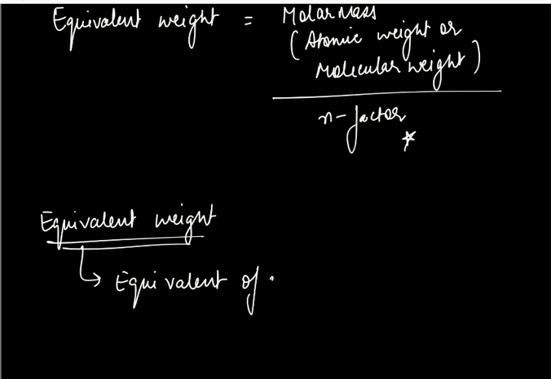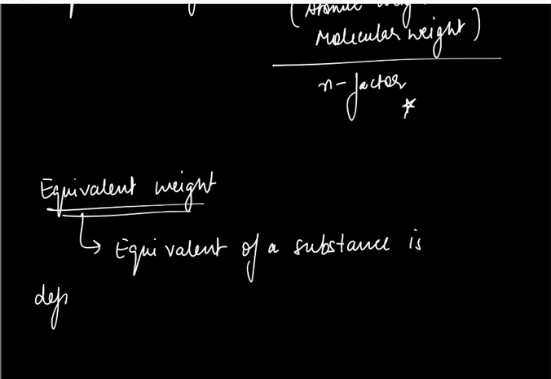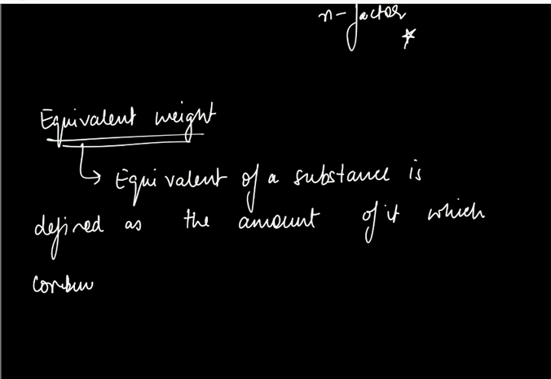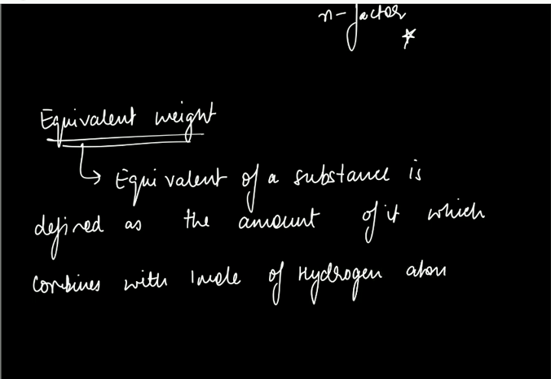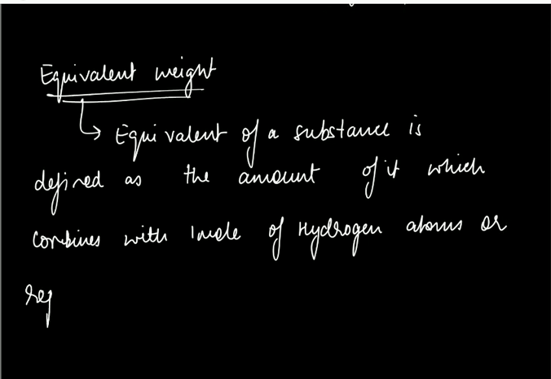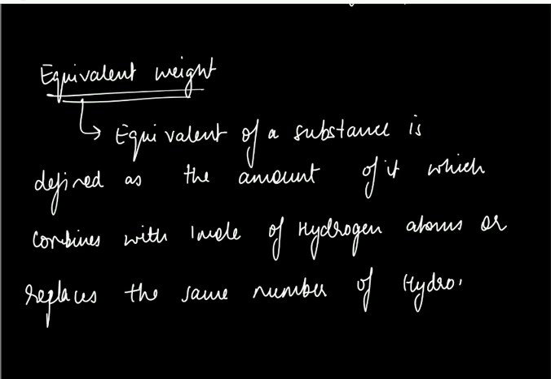So we'll write: equivalent of a substance is defined as the amount of it which combines with 1 mole of hydrogen atoms or replaces the same number of hydrogen atoms in a chemical reaction.